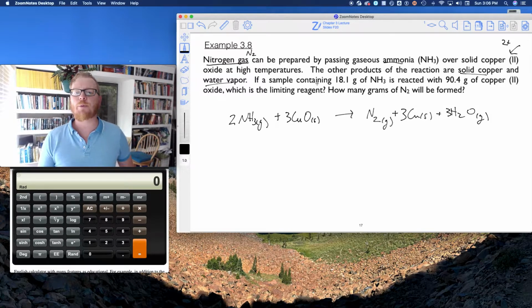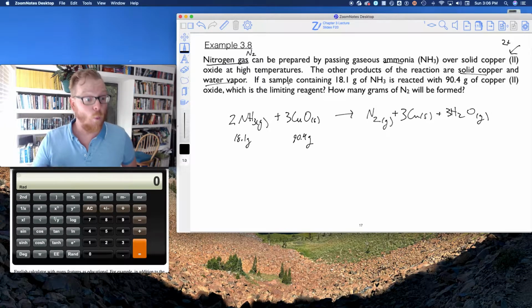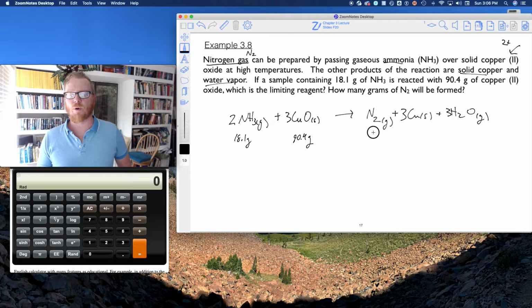It says if a sample containing 18.1 grams of ammonia, NH3, and I'm going to write 18.1 grams right there under the ammonia, is reacted with 90.4 grams of copper 2 oxide. What is the limiting reagent? Okay. And how many grams of N2 will be formed? So I'm going to put a question mark right there for how many grams.